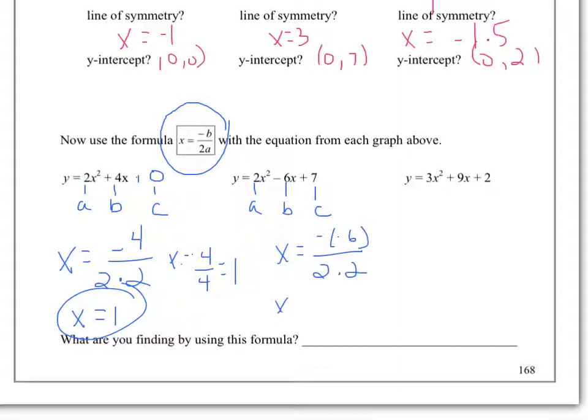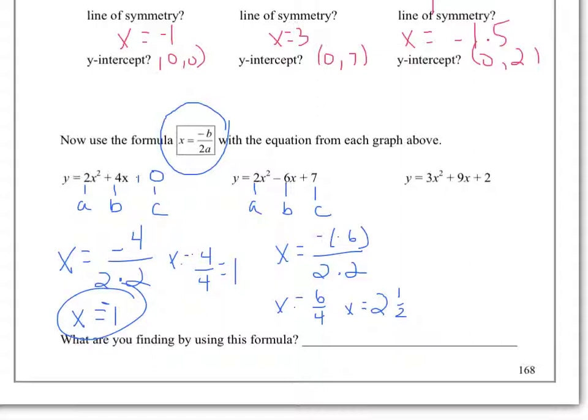So now I have x equals 6 over 4. 6 divided by 4 goes in 1 time with 2 left over out of 4, so 1.5. Oops, I'm sorry, this one should be negative right here. Sorry about that.